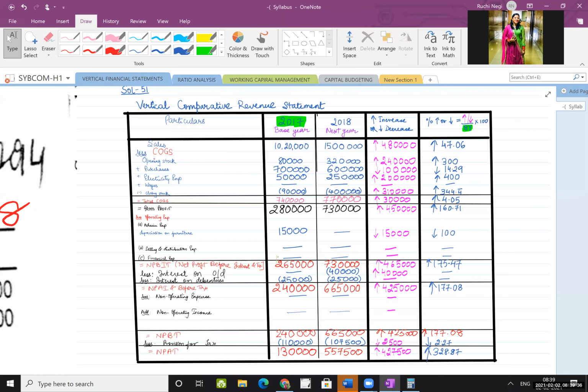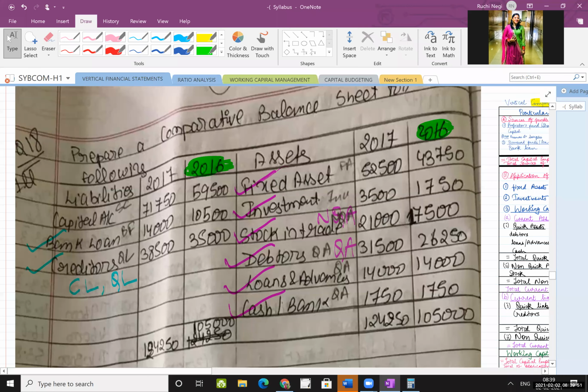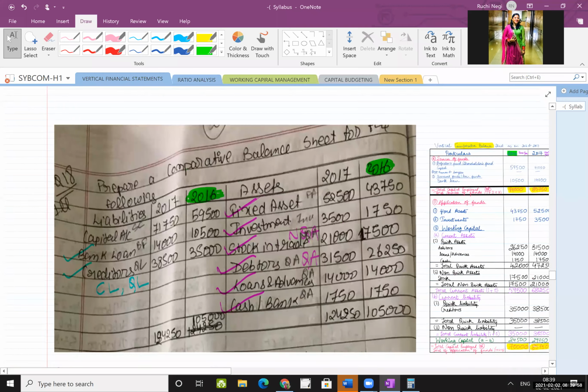Now we will do one small question based on balance sheet. A very small question based on balance sheet, just to show you the application of balance sheet in comparative statements. So this is the question. Prepare a comparative balance sheet for the following.